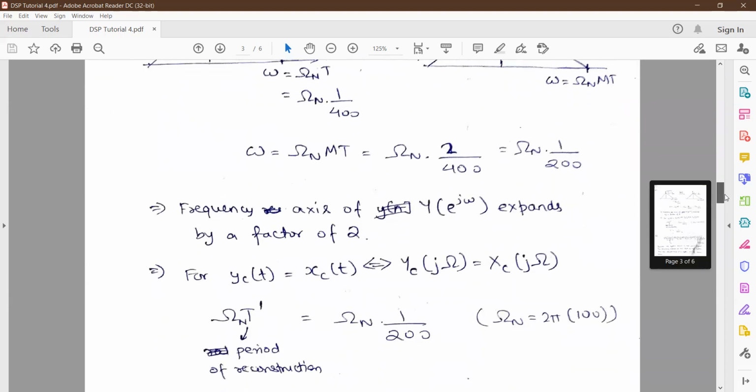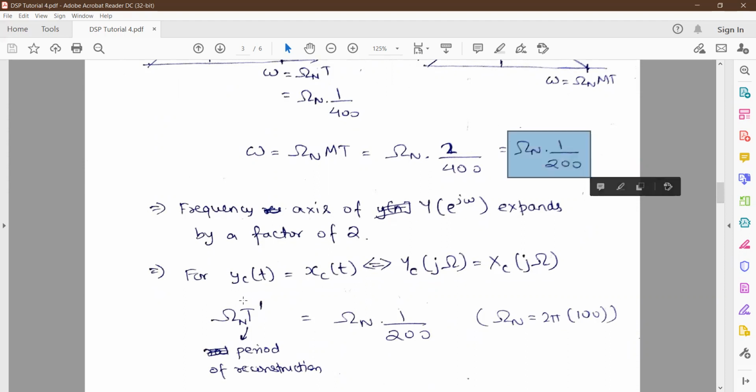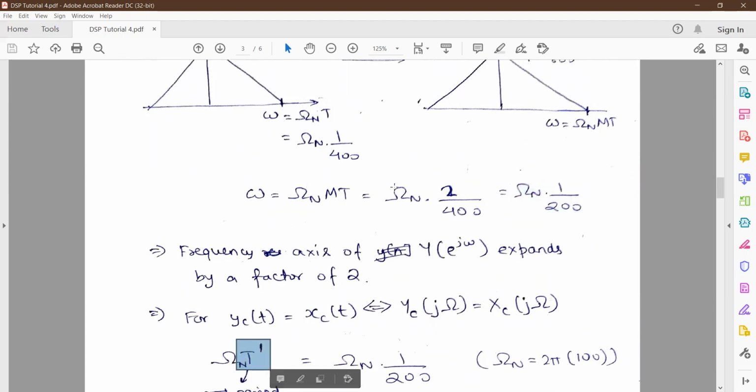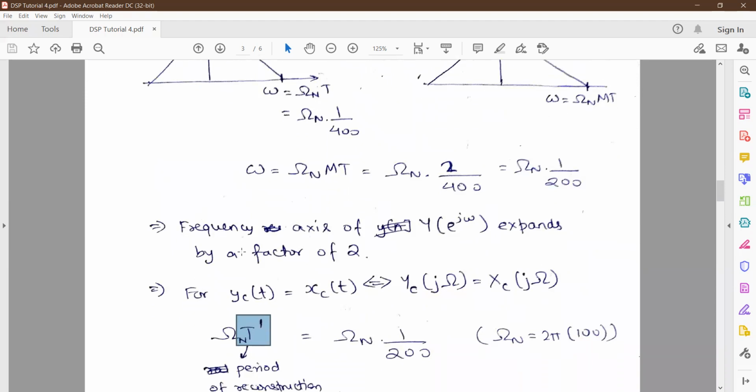Or in other words, this omega n into 1 by 200 is the frequency, and we should select the time period of reconstruction in a similar manner to compensate for this scaling or expansion of the frequency axis.